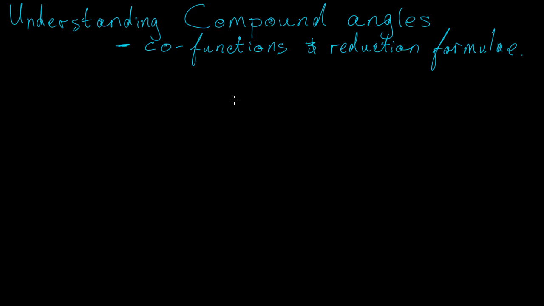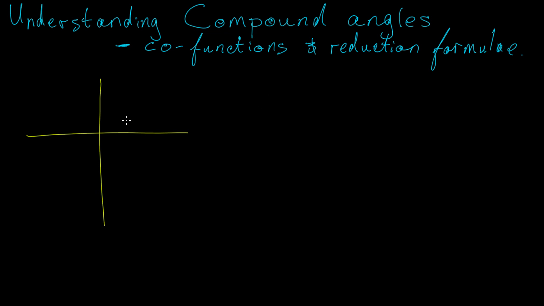Okay, I'm going to do a short video on understanding compound angles, cofunctions, and reduction formulae. Basically, what I want to do is to help you become more comfortable with the unit circle.